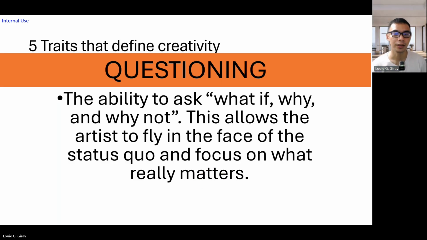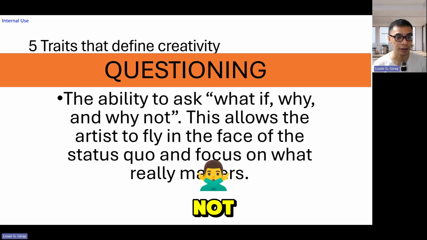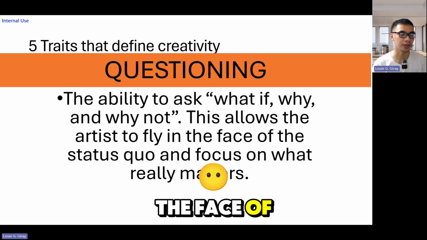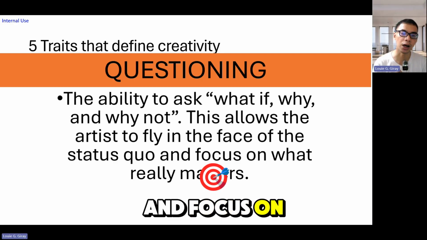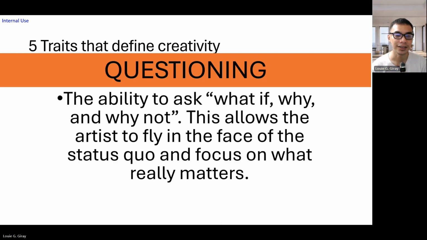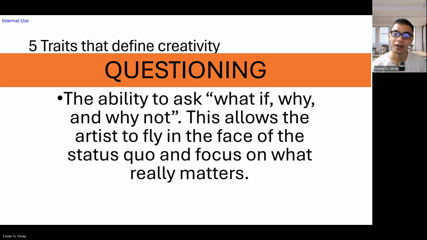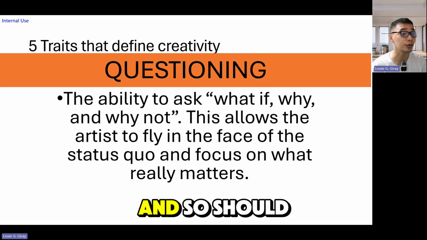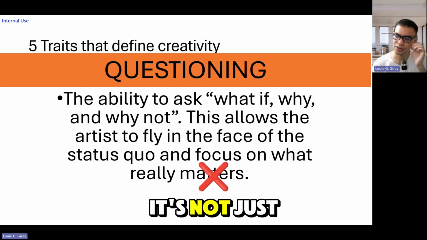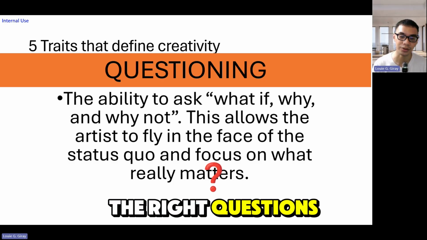Next, the ability to ask what if, why, and why not. This allows the artist to fly in the face of the status quo and focus on what really matters. What is this? Starts with Q, questioning. I love questions, and so should you. Because sometimes in life, it's not just about having answers, it's about asking the right questions.